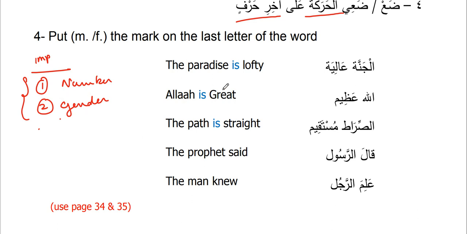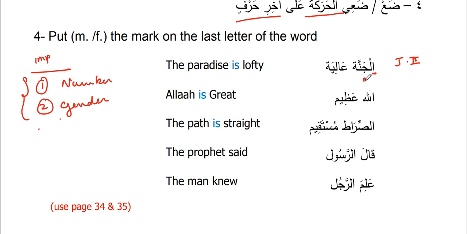Al Jannah Aliyah. Seeing the first noun, what do you come across? Lamat Tarif, definitely this is Jumla Ismiyah. So before you put harakas, you have to differentiate between Jumla Ismiyah and feliyah. The moment you know it is Jumla Ismiyah, what formula will you apply? Mubtada plus khabar.